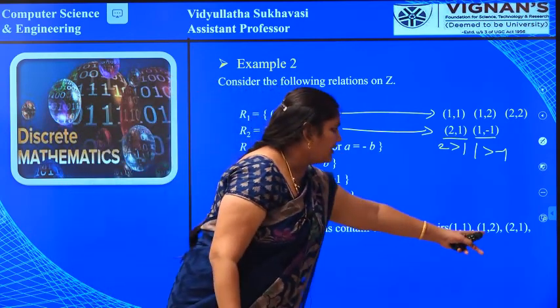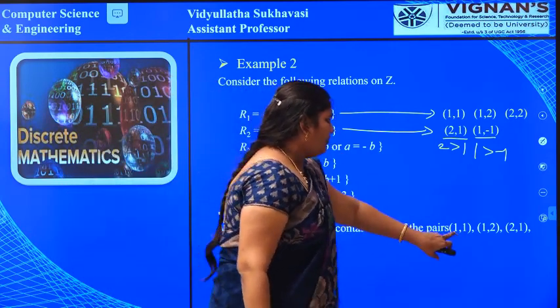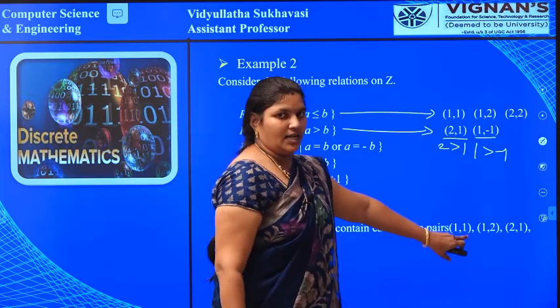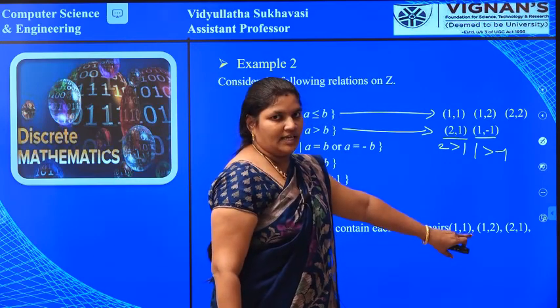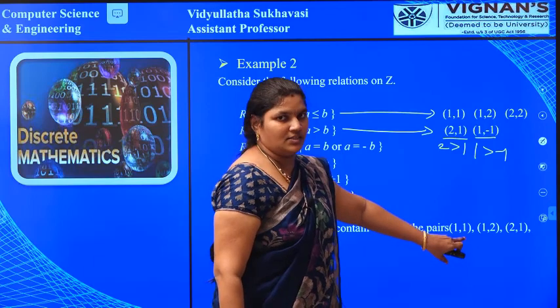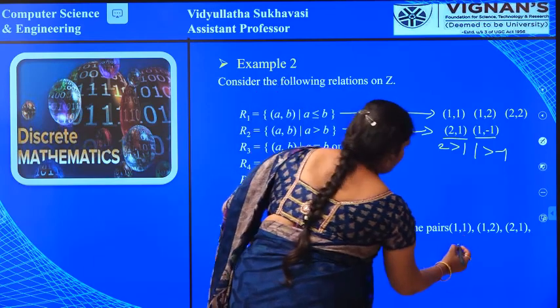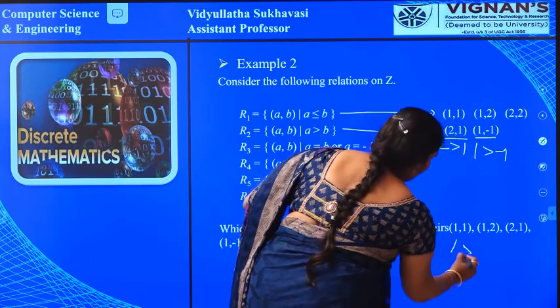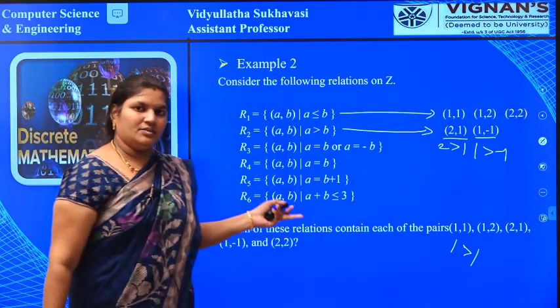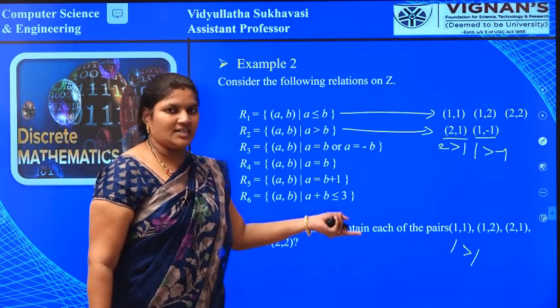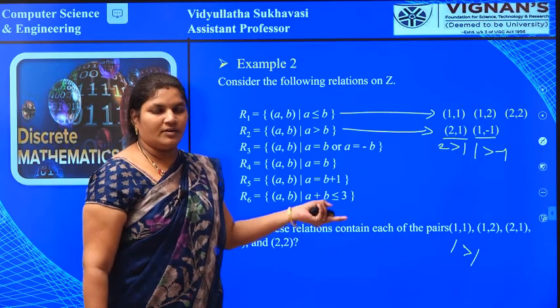In the same way, for the remaining ordered pairs, (1,1) does not exist in the relation R2. Why? 1 greater than 1: here both elements we are comparing are the same, so the condition will not be true.